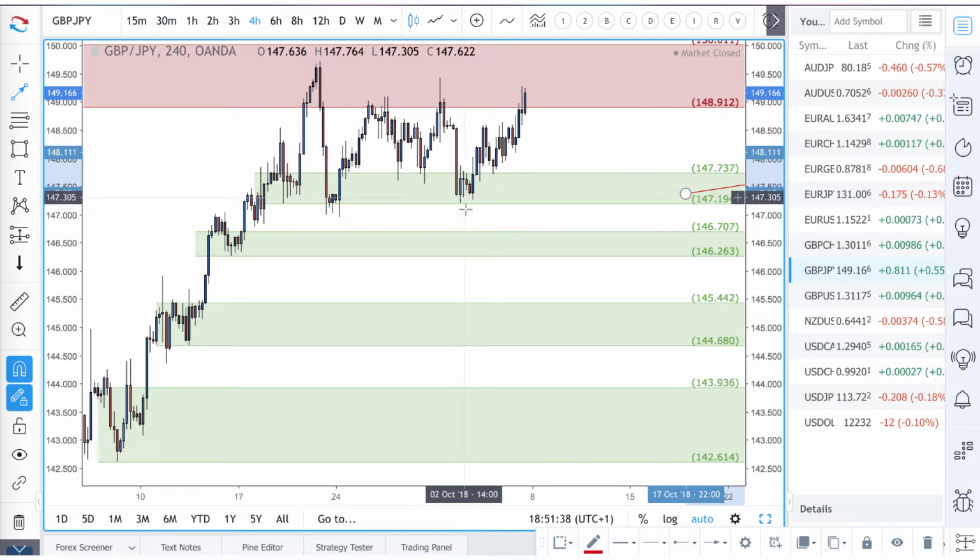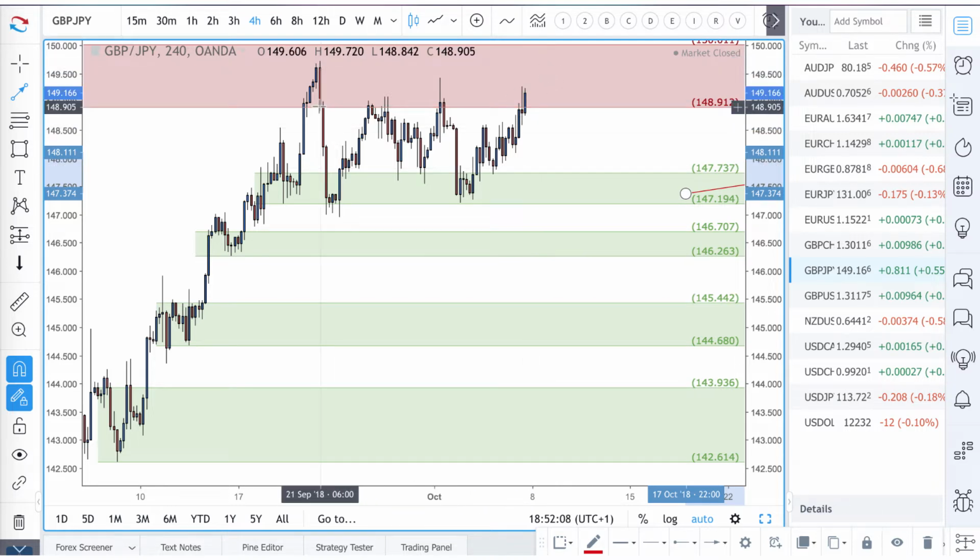As you can see, the buyers are looking at this 147.5 level as a bargain area. You can see prices going higher, but bargain hunters are not looking to basically pay the exchange rate for the pound yen more than 149.70 at the moment.